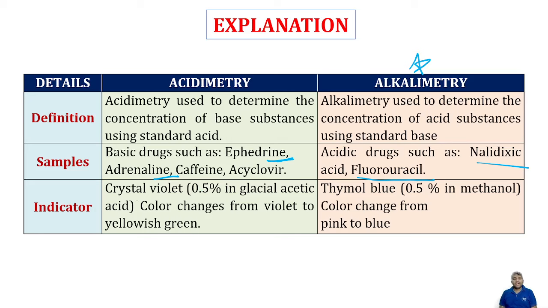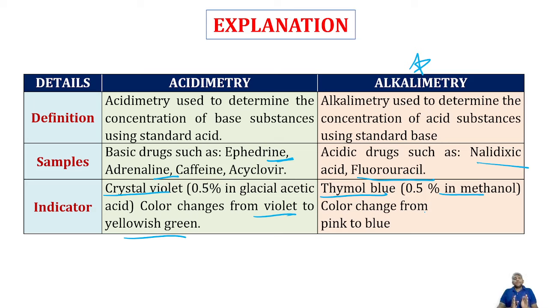And the indicator that we are using for acidimetry is crystal violet in 0.5% glacial acetic acid, and it changes the color from violet to yellowish green. And in case of alkalimetry, we are also using an indicator like thymol blue in the concentration of 0.5% thymol blue, and the color changes from pink to blue.